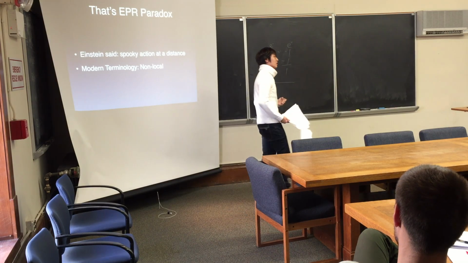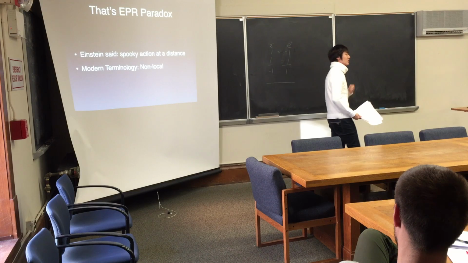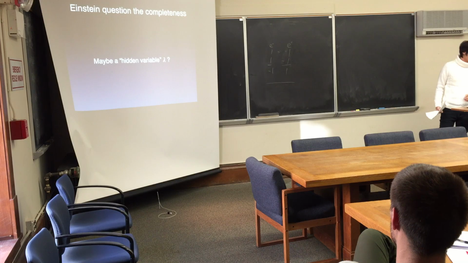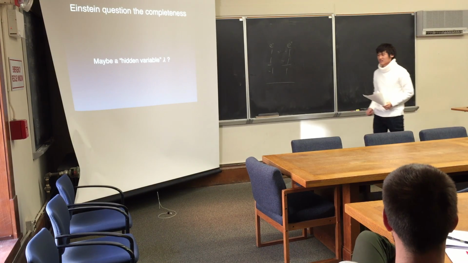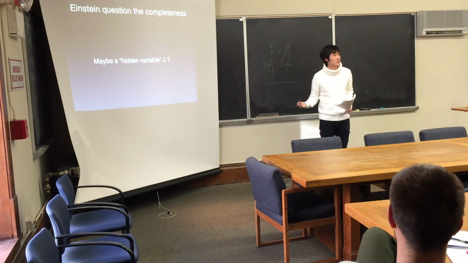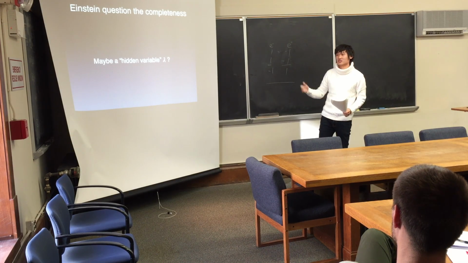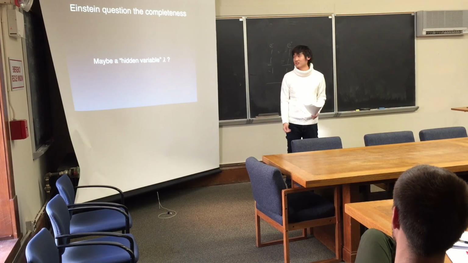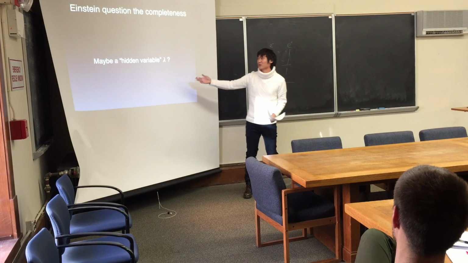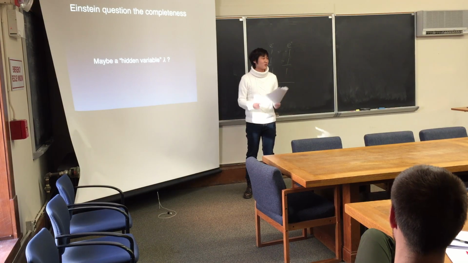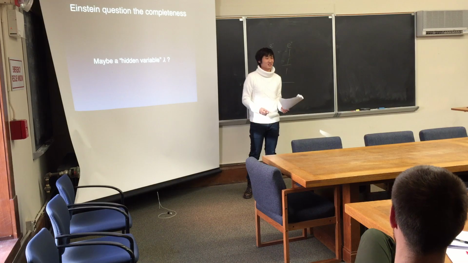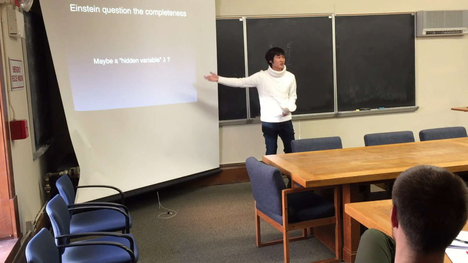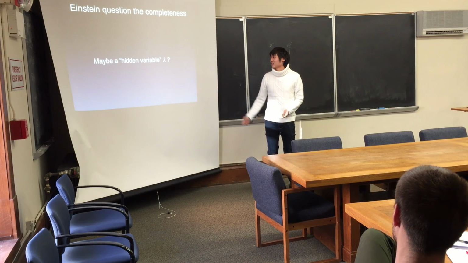So there's a lot of effort to complete this incomplete theory, and the guess is that there might be a hidden variable. There are a lot of different theories called hidden variable theories. The hidden variable is named that because no one really knows what variable it is. It's like dark matter. So we just use a placeholder and call it lambda.